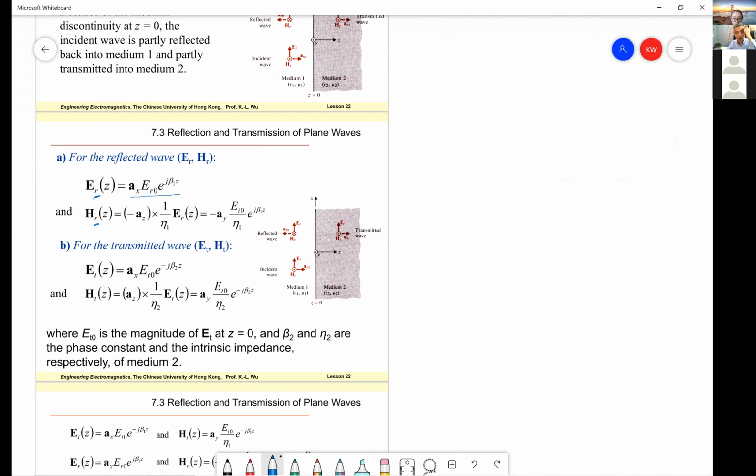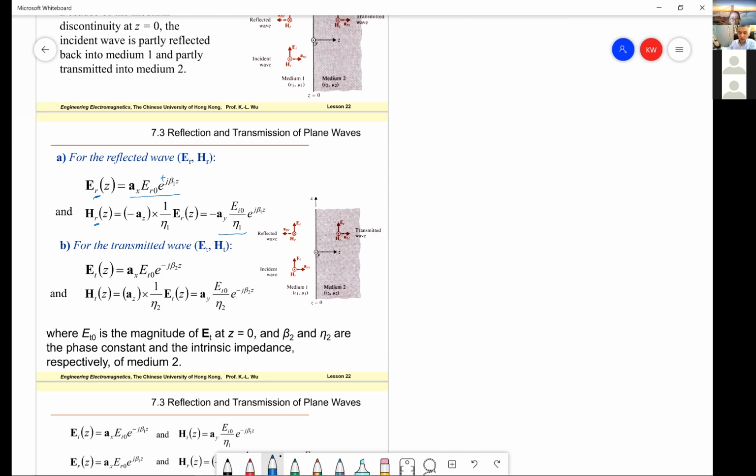I just assume the polarization of the reflected electric field is the same as the incident wave, but this is a plus because the reflected wave propagates in the minus z direction. Then similarly, we can find the magnetic field. The magnetic field must polarize in the minus z direction because we follow the right-hand rule. This is the reflected wave.